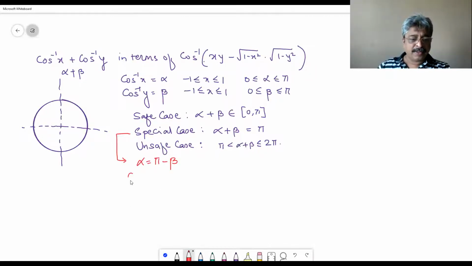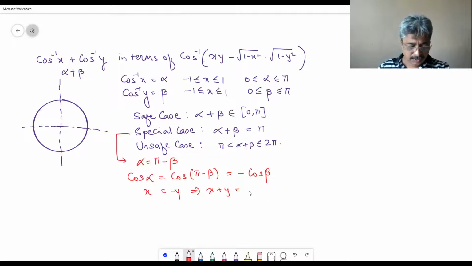And therefore cos alpha is equal to cos of pi minus beta, which is equal to minus cos beta. However, cos alpha is x, which is equal to the opposite of y, implies x plus y is equal to 0. Very good. This is nice.